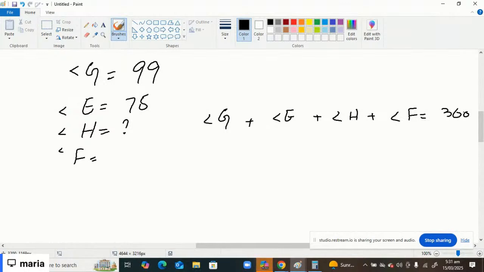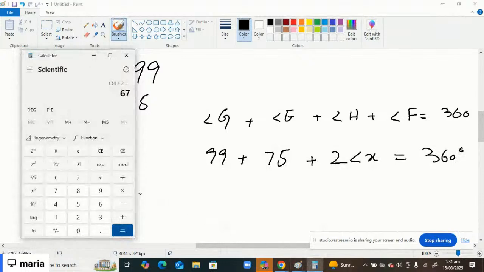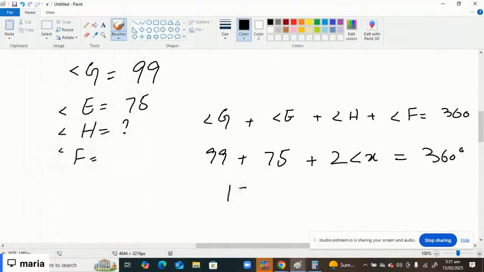These other two are equal to x and x, so placing 2 angle x, and 360. Let's add 99 plus 75. This is 174, plus 2 angle x. This is equal to 360.